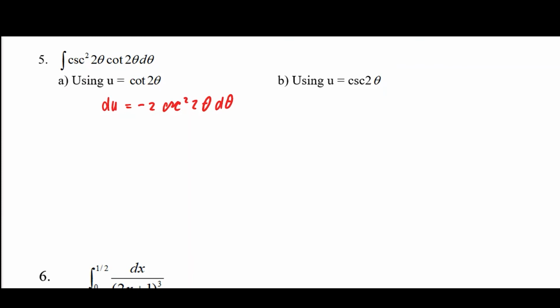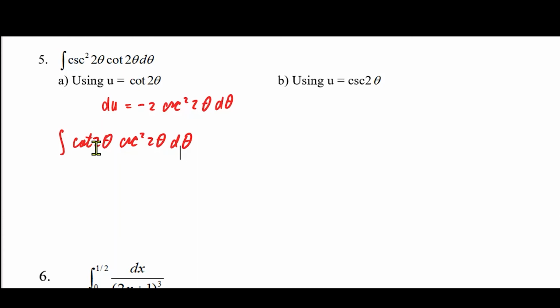So now, having said that, this integral, let me write it in a different order so that it's easier to see. I'm going to write cotangent of theta, and then cosecant squared of theta, and then d theta. Let's take a look at this.